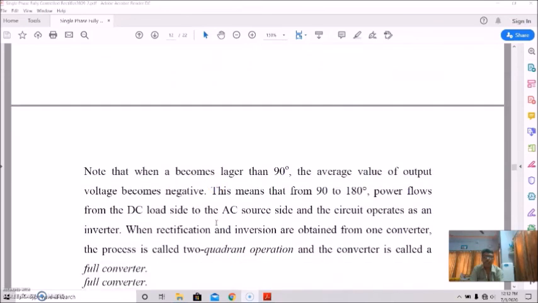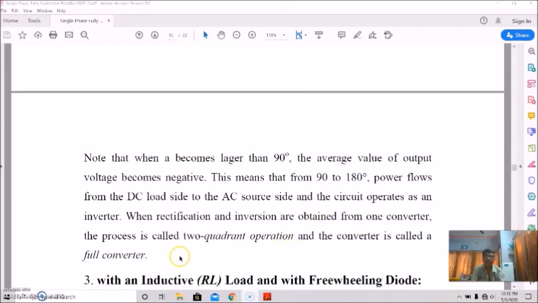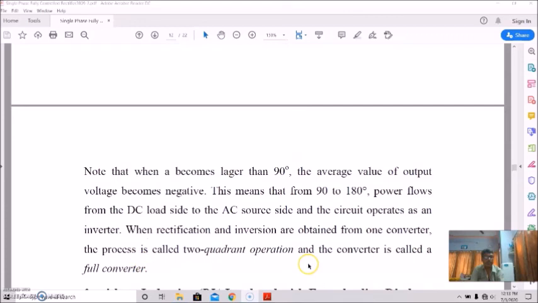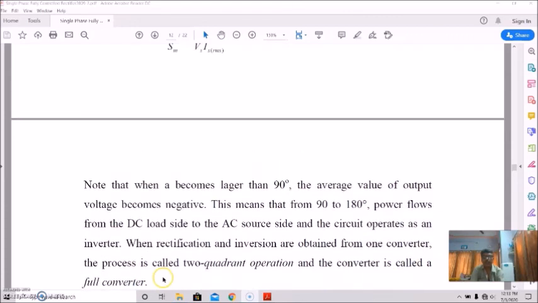So note that when alpha becomes larger than 90 degrees, the average value of the output voltage becomes negative. This means that from 90 to 180 degrees power flows from the DC load side to the AC source side, and the circuit operates as an inverter.